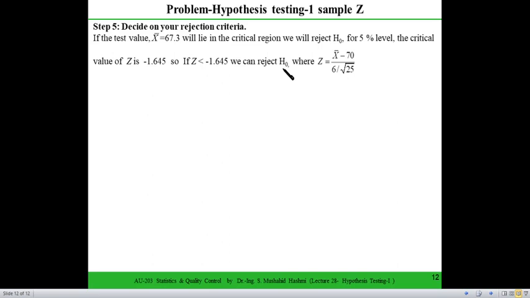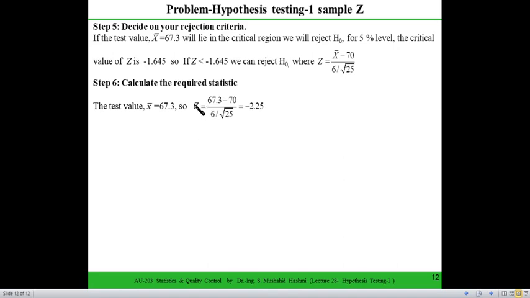So we will be sure that the mean marks are less than 70. We have strong evidence, we can say that. So we calculate the required statistic. The value of the test statistic is 67.3, so we calculate its z score corresponding to 67.3.